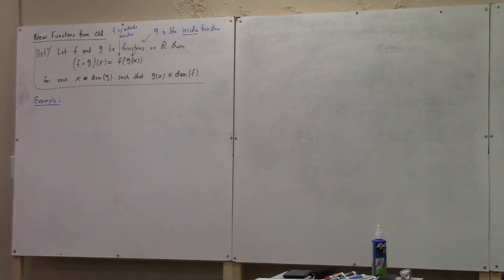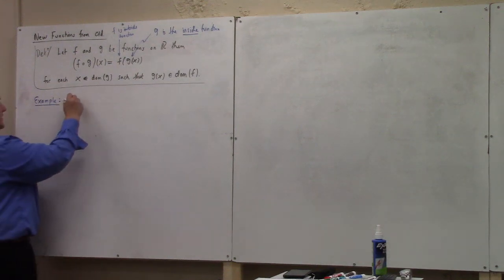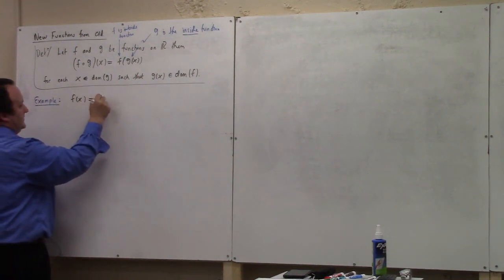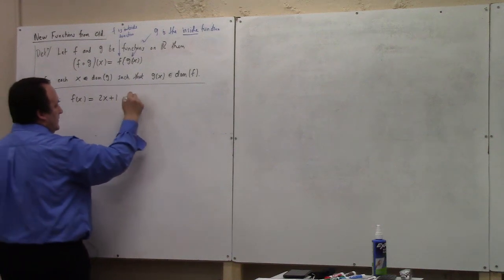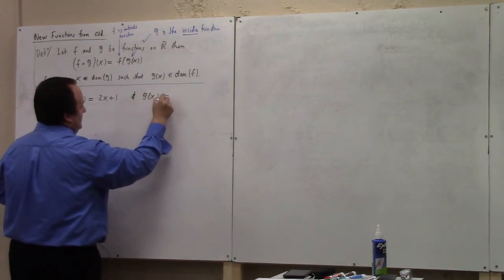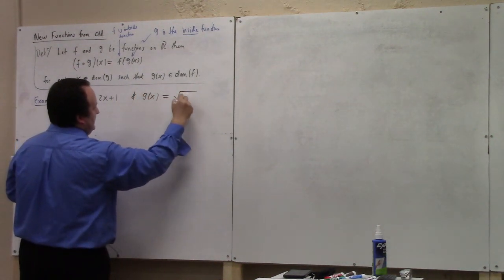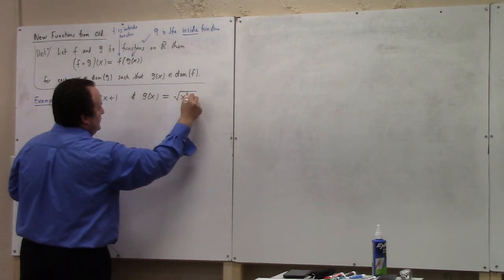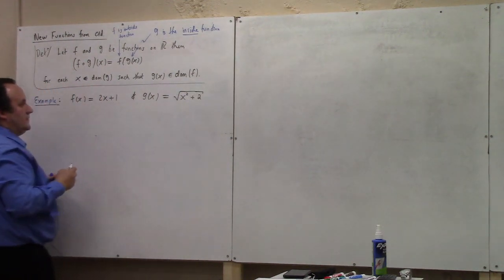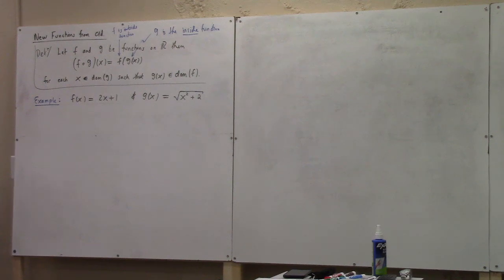Anyway, so let's look at two functions. f of x equal to 2x plus 1, and g of x equal to the square root of x squared plus 2. Let us calculate f of g of x.